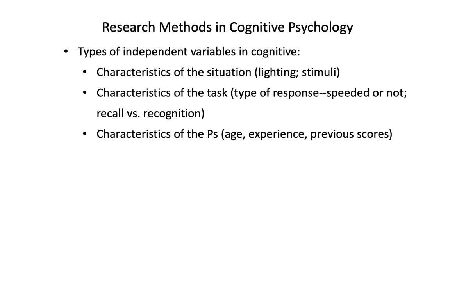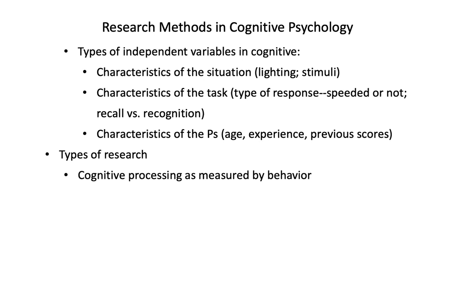If you're having somebody who has a certain level of education and you're comparing it to another group of people. Gender, of course, is a big one, as well as ethnicity. So there are a lot of different variables that we can try to manipulate or focus on to see how they might then impact our dependent variable.